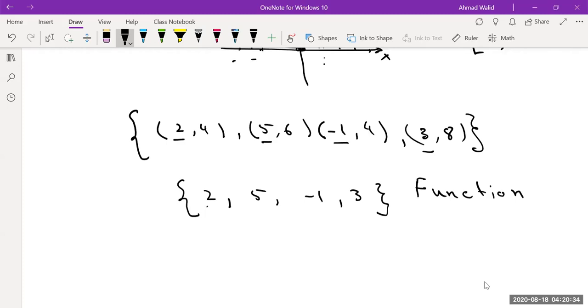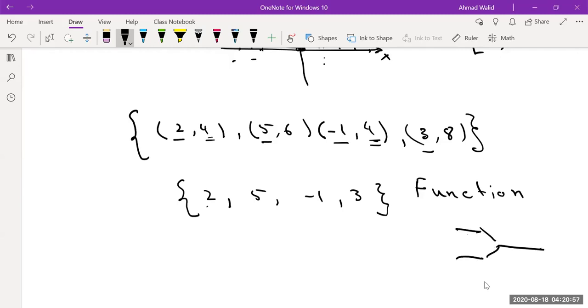If someone gives you a relation like this, and they ask you, does this represent a function? The answer: just check the values of x. Don't worry about the values of y. If you have repeating y like this, you see here I have repeating y. It means 2 cars can go to the one road, right?